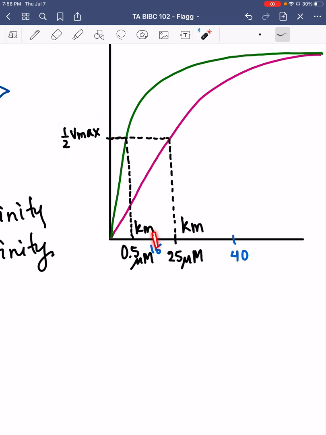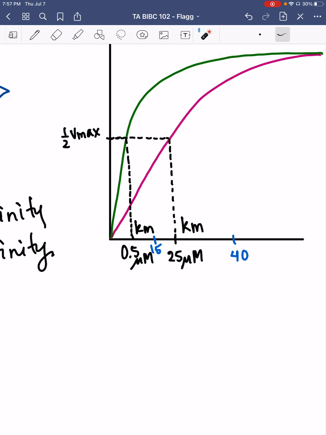So even at 15 micromolar, the green enzyme is going to be working at above 50% of its Vmax. And to be exact on this specific graph, let's take a look where. So let's go up here. Maybe this is 3/4 of Vmax. Okay, so at 15, 3/4, at 40, wow, probably like 90%.